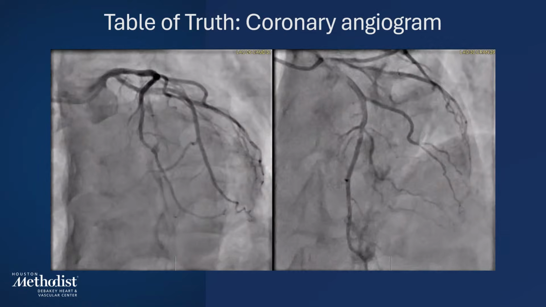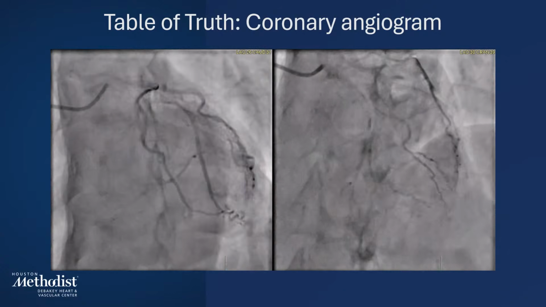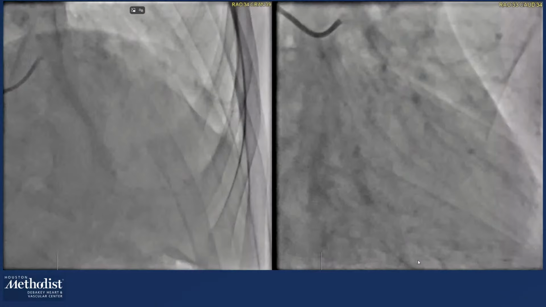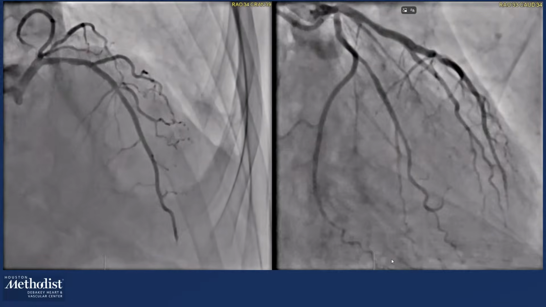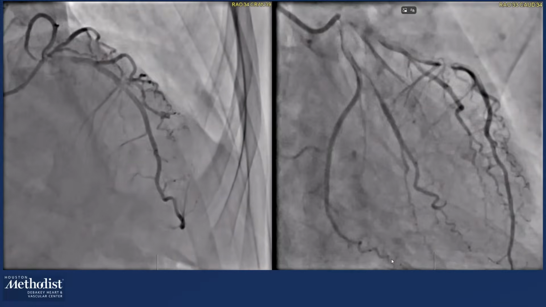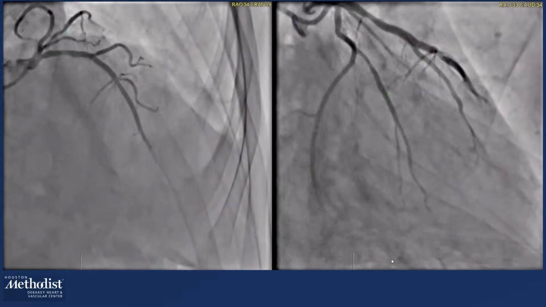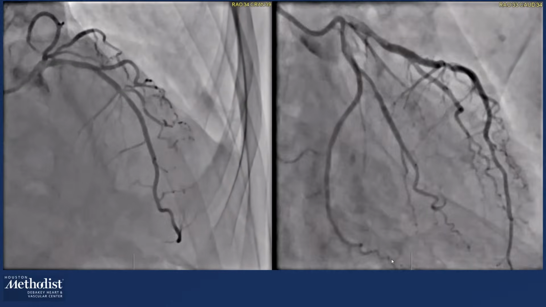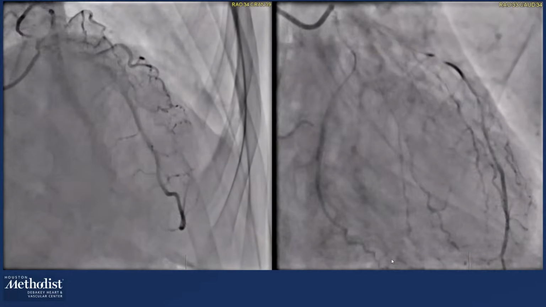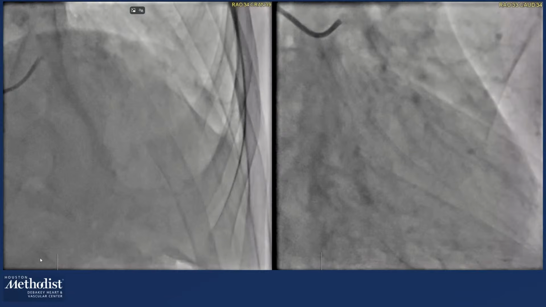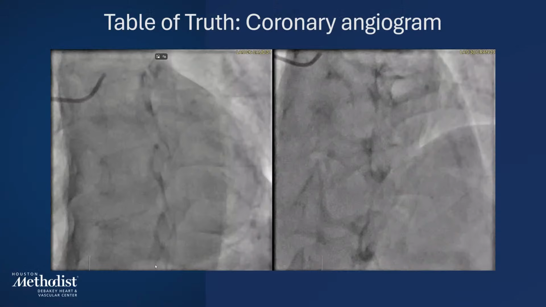And as we can see, we have some disease, but nothing significant in the LAD and the diagonals. Also in the circ and the OM1, it was called 30% in the OM1. Does that mid-LAD look right at the septal diag bifurcation? Does that look significant? Or did they do any physiological testing like IFR?